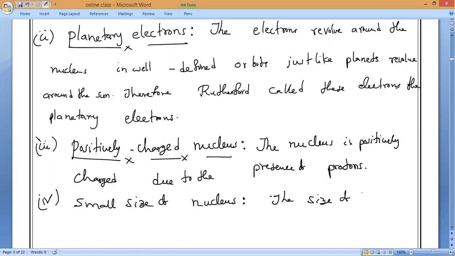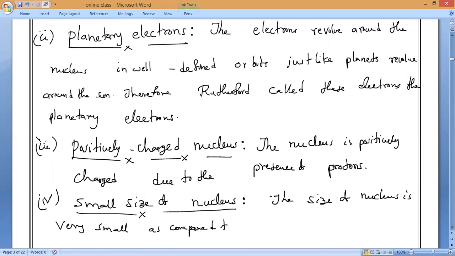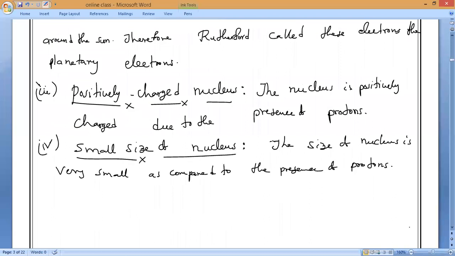The size of the nucleus is very small as compared to the atom. How many times? 10 power 5 times.